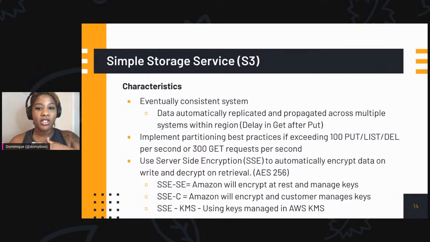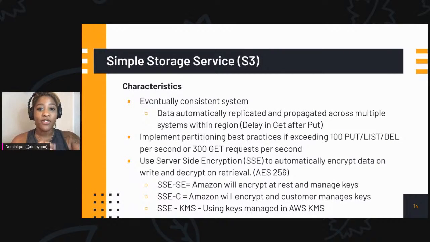So there's something called a put, a list, a get, and so on. These are actions that you can do towards file systems or a simple storage service, right? As you put to something, you are pushing out information to, we'll just say, one of your buckets.